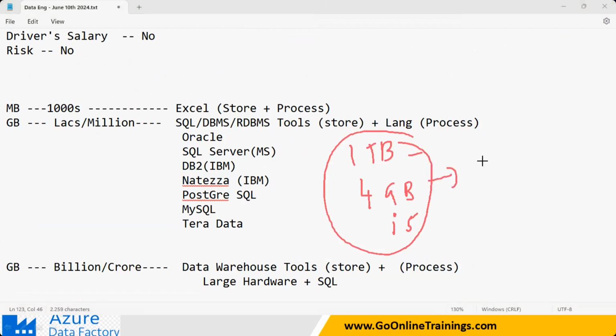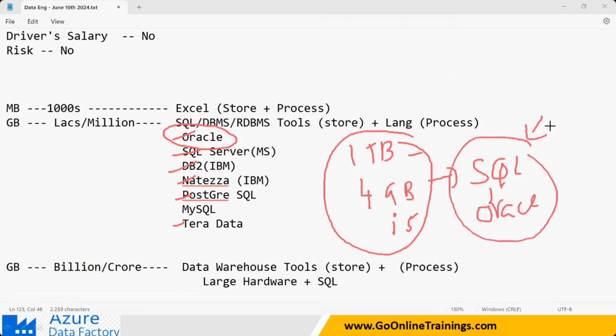If I install SQL, any software you can install, Oracle, SQL Server, DB2, Netezza, Postgres, anything. Let me say I have installed Oracle. If I store the data here, what is the maximum data I can store? 1 terabyte only. The problem is not with the SQL, the problem is with the hardware.